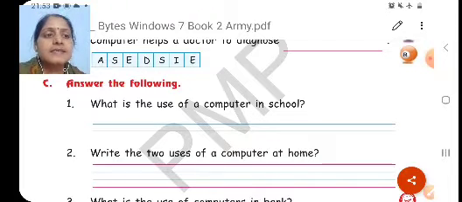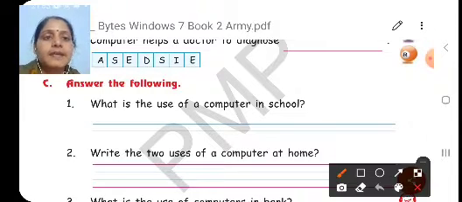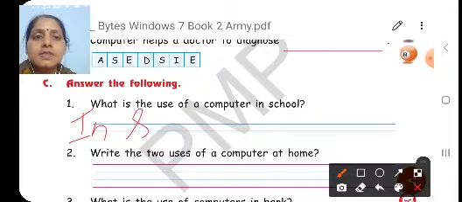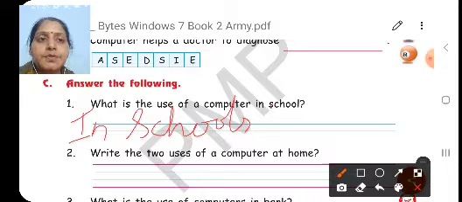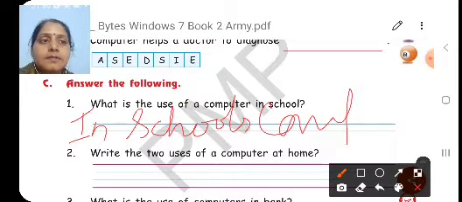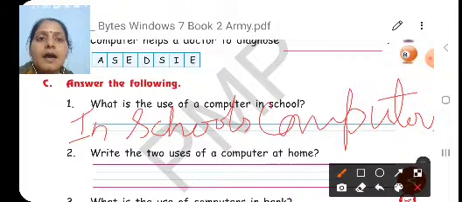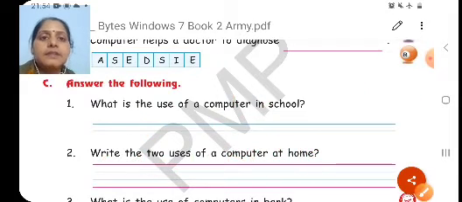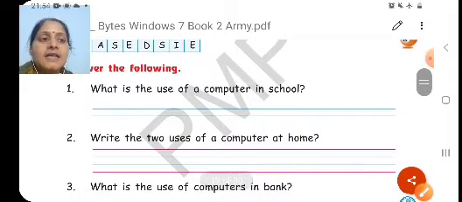So let us write the answer children. यहाँ पे हम लिखेंगे, in schools computers are used for teaching and learning. हम सीधा आंसर लिखते हैं.